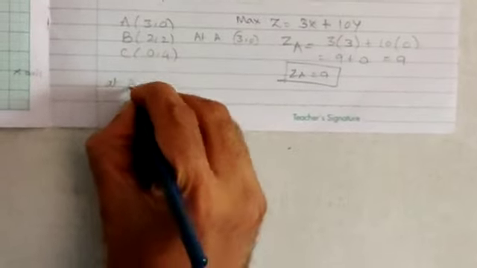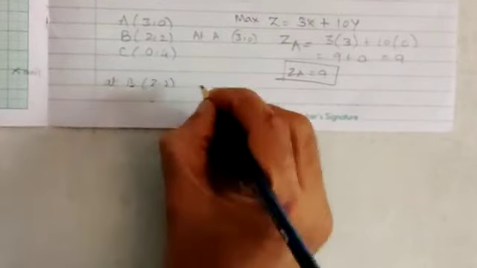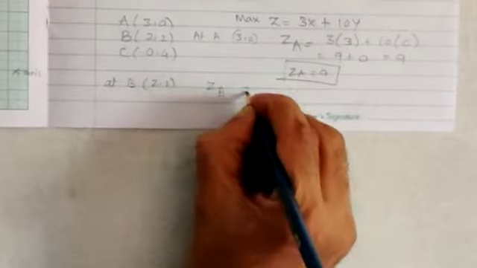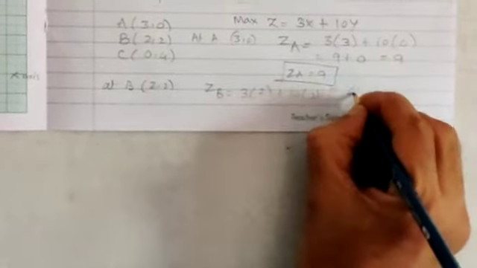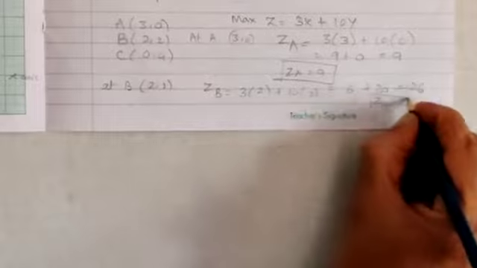Wherever y, 0. 3 threes are 9, plus 0. So za equals 9. Next at B, 2, 2, zb equals 3 into 2 plus 10 into 2. 3 twos are 6, 10 twos are 20, 26. That is zb equals 26.